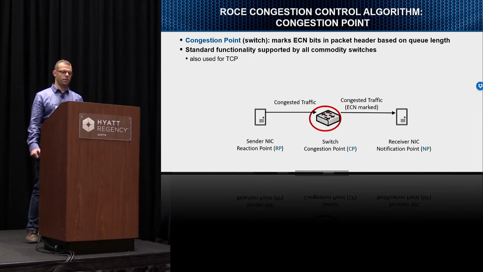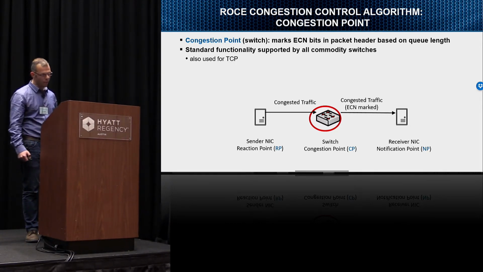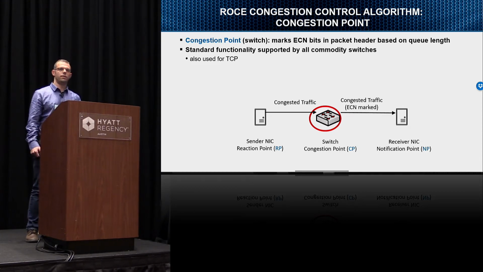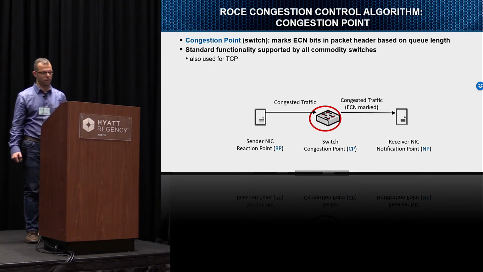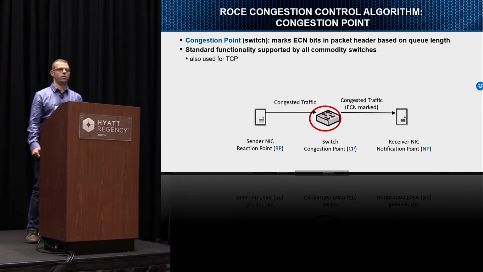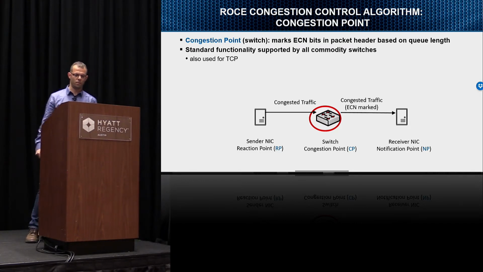When the queue length of the switch reaches some threshold, meaning there is congestion over this queue, the packets are ECN marked based on some probability. This is standard functionality that is supported in all commodity data center Ethernet switches, because it was initially designed for TCP. It can also be used for TCP, given that the host supports this functionality as well.